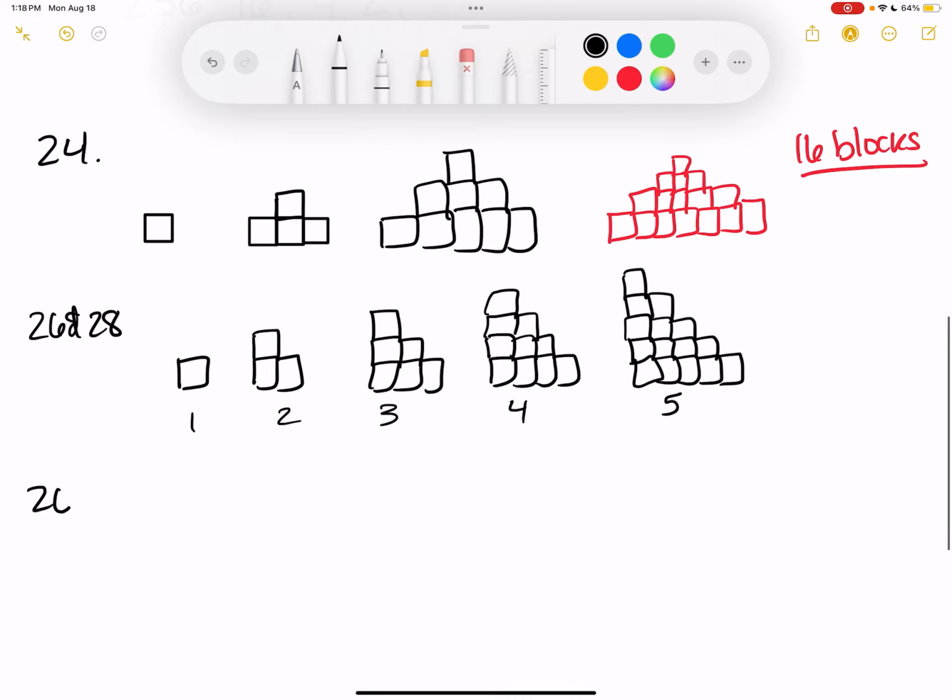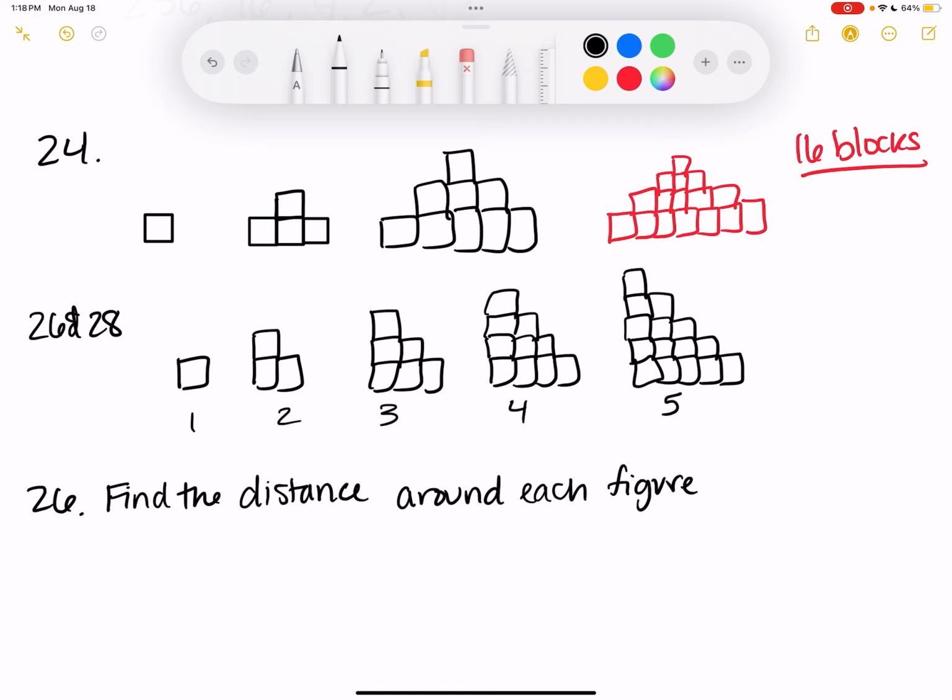So question 26 specifically says to find the distance around each figure, and what we're told is that each square is basically 1 by 1. So it doesn't have specific units, but 1 unit by 1 unit all the way around.